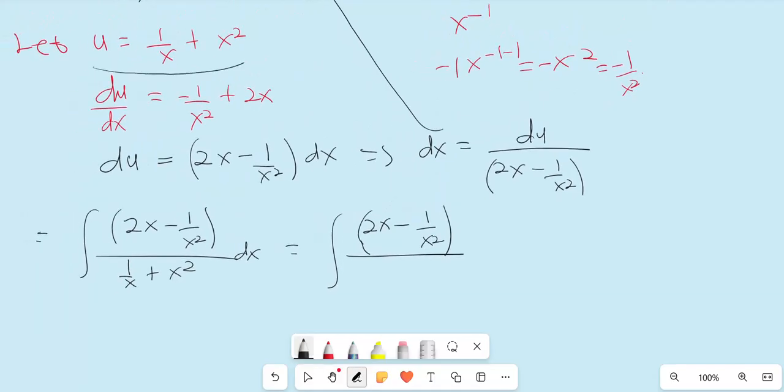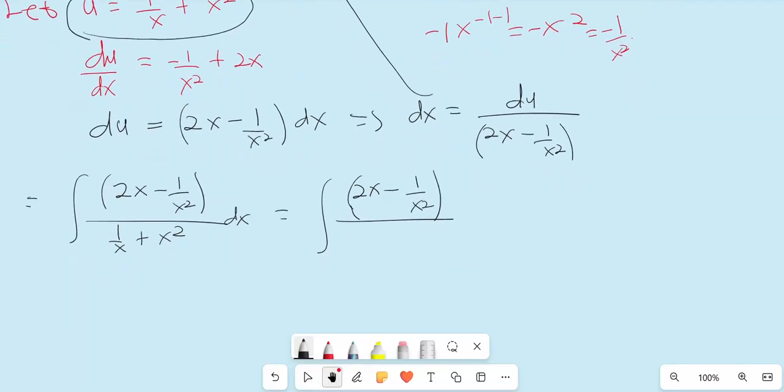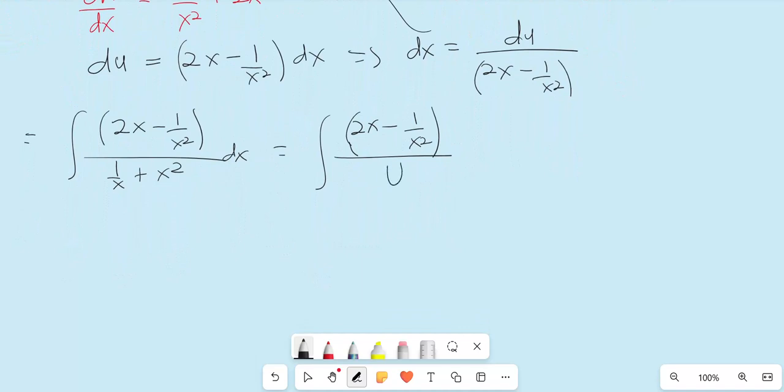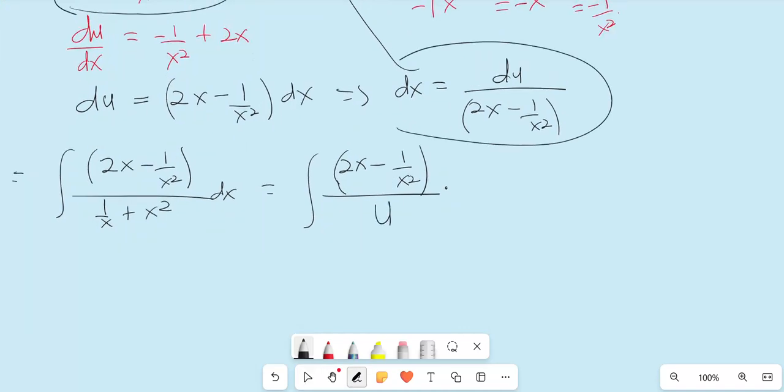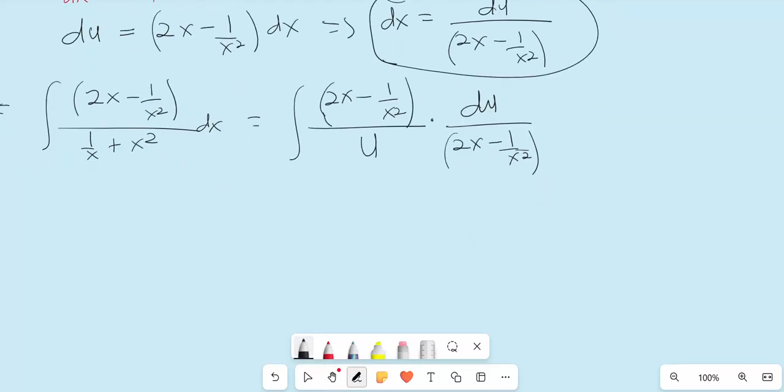U was equal to 1 over x plus x squared. So in place of 1 over x plus x squared, we just plug in u times dx. What is dx? Dx is what we found here. Dx is du over 2x minus 1 over x squared. Some things will cancel out nicely. This cancels that, with the integral of 1 over u du.